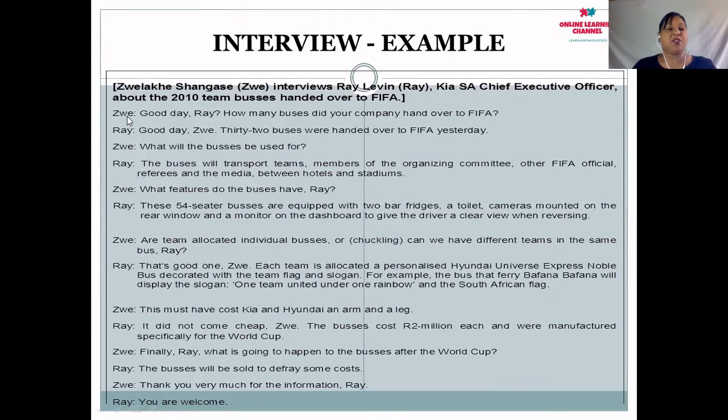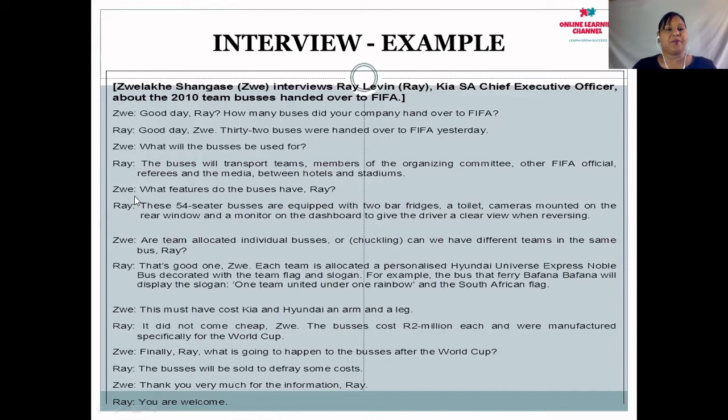We start off with Zwe, colon. G'day Ray, how many buses did your company hand over to FIFA? Ray. G'day Zwe, 32 buses were handed over to FIFA yesterday. Zwe, what will the buses be used for? Ray. The buses will transport teams, members of the organizing committee, other FIFA officials, referees, and the media between hotels and stadiums.